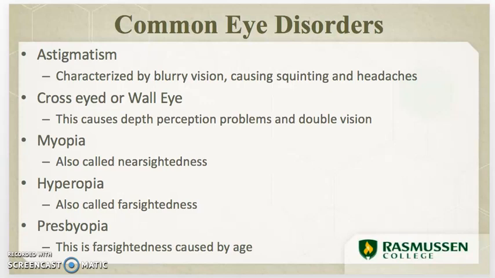And of course, there is surgery as well for this. We have a term called myopia, which is also called nearsightedness. Now, nearsightedness means that patients have difficulty seeing things that are far away, but they can see things that are close up very well. Hyperopia is also called farsightedness, again, meaning patients can see far away, but they struggle with what is close up to them.